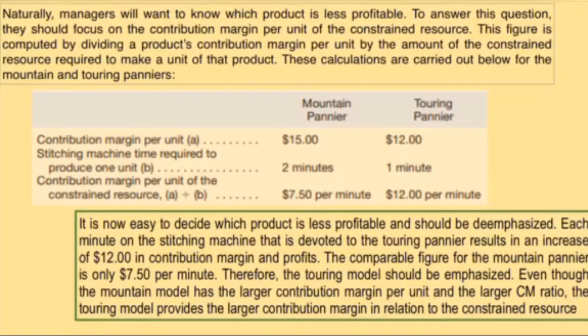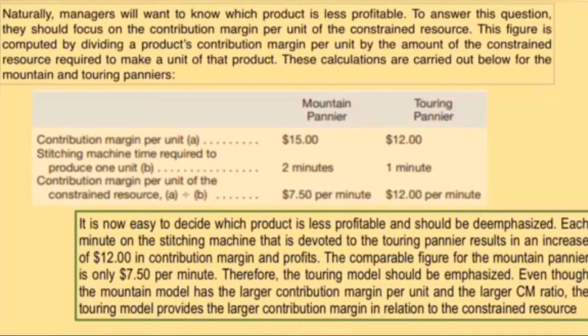Each minute on the stitching machine that is devoted to the touring pannier results in an increase of $12 in contribution margin and profits. The comparable figure for the mountain pannier is only $7.50 per minute. Therefore, the touring model should be emphasized.